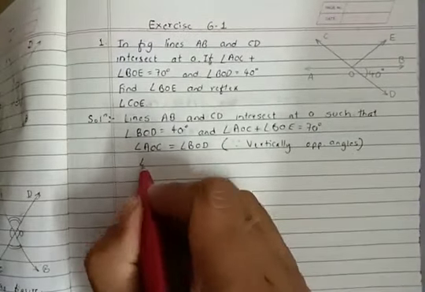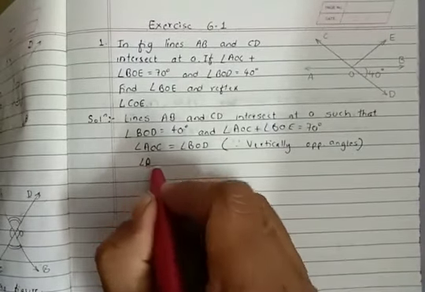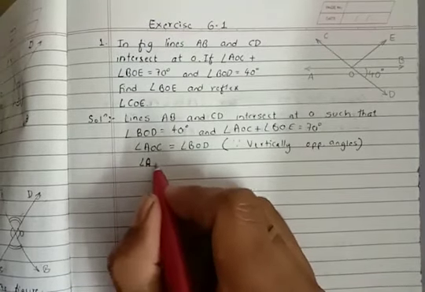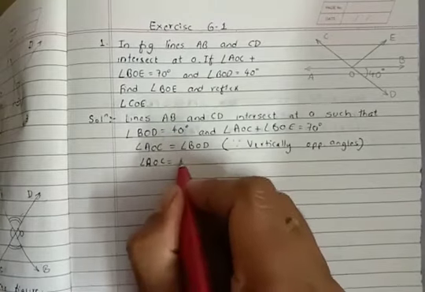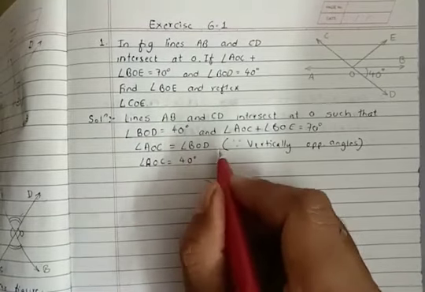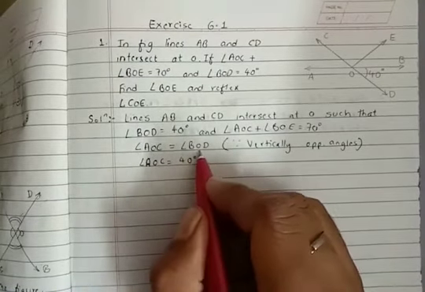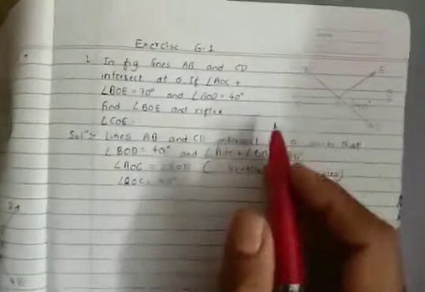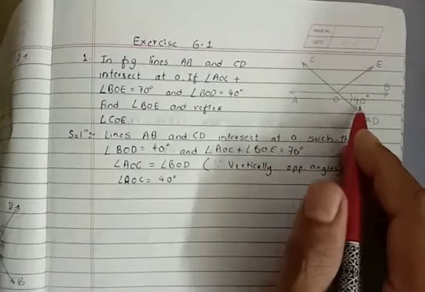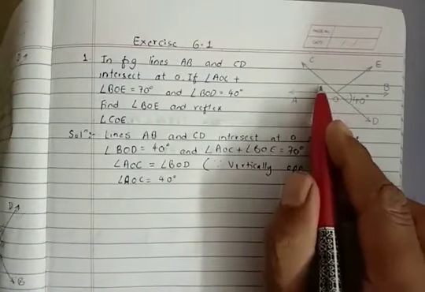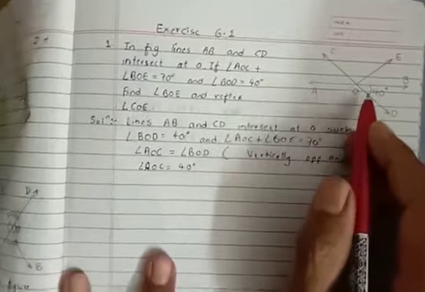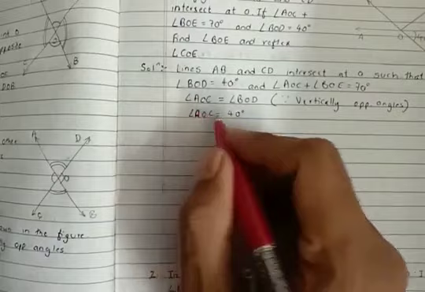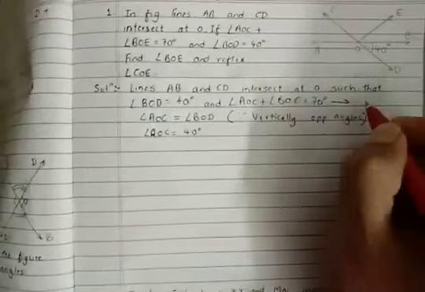Now since they are vertically opposite angles, angle AOC will also be equal to 40 degrees, right? Because angle BOD is 40, and since these two are equal to each other, angle AOC is also equal to 40 degrees, since vertically opposite angles are equal. Now this you can name as equation 1.